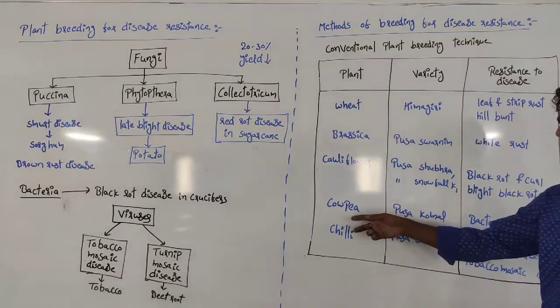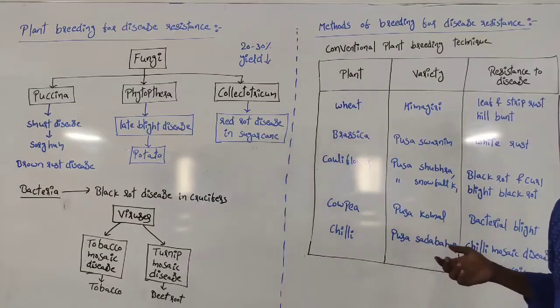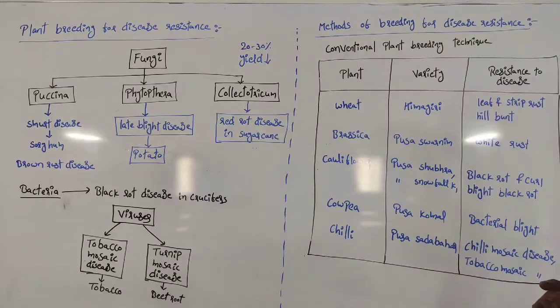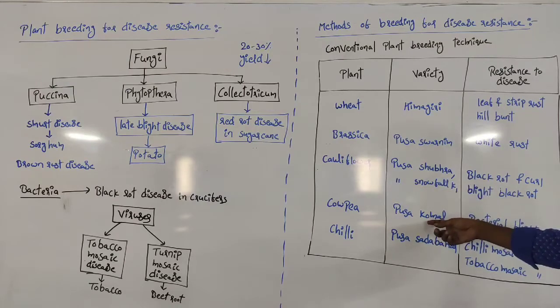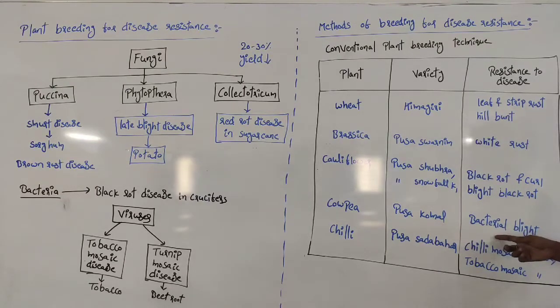And cowpea, right? See, we know about cowpea. Generally, we cook curry with it too. Boppers is the Telugu name, right? And Pusa Komal is the variety name here, resistant to bacterial blight disease, right?